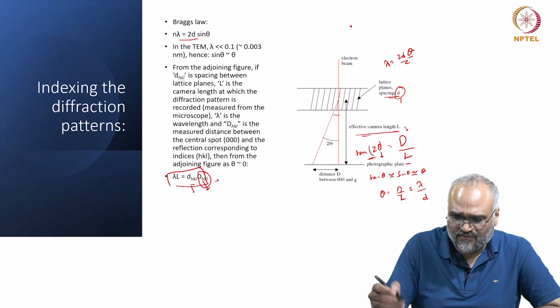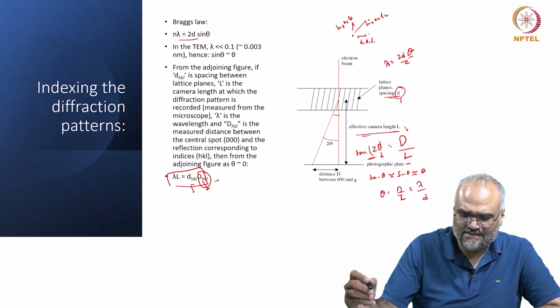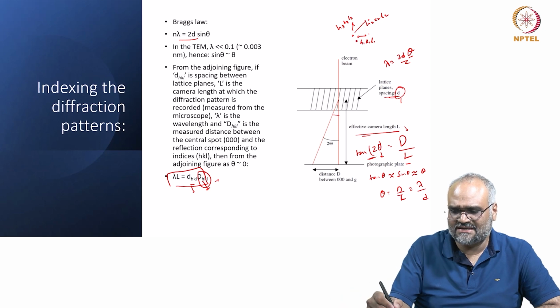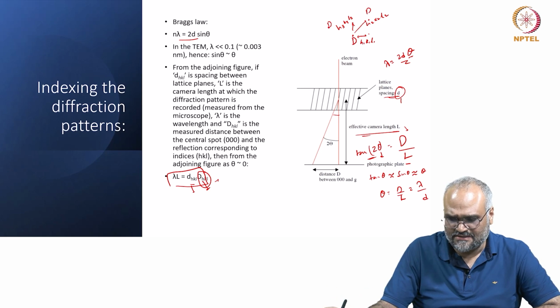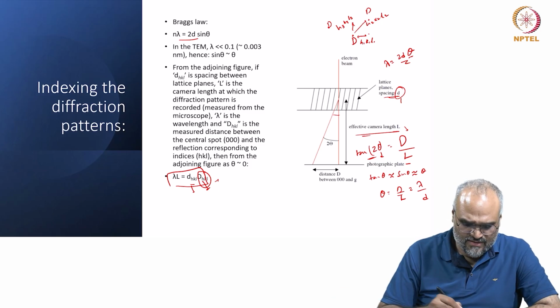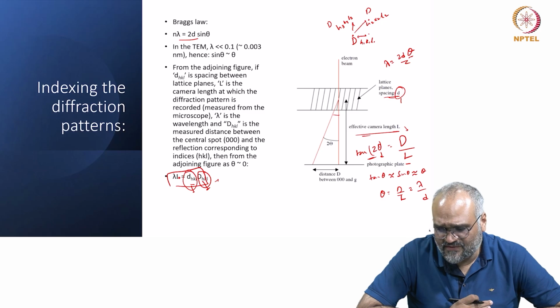If I look at an array of diffraction patterns, and this corresponds to a plane H1, K1, L1, and this corresponds to a plane H2, K2, L2, and let us say this is H3, K3, L3, I can measure these D_HKLs from the diffraction pattern, and I know my unit cell value would remain constant from each of these reflections.